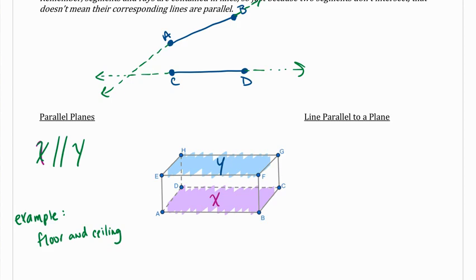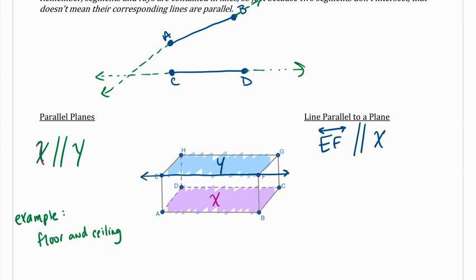And last thing here about parallel, we can also say that a line is parallel to a plane. So if I pick a line, let's say line EF up here on the top of my prism, that line EF is parallel to plane X, right? It never intersects plane X, so it is parallel to it.